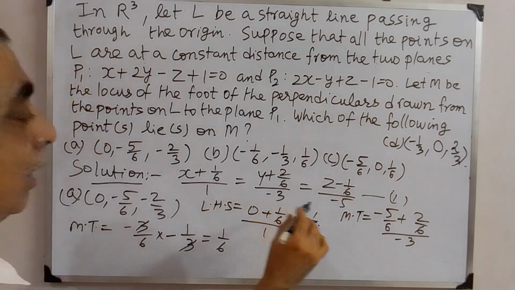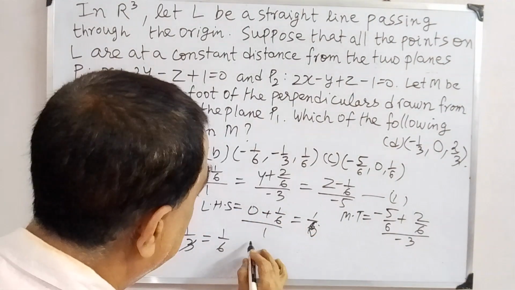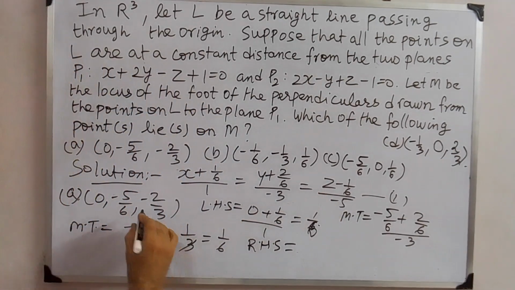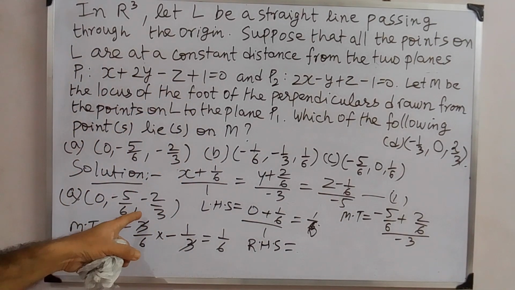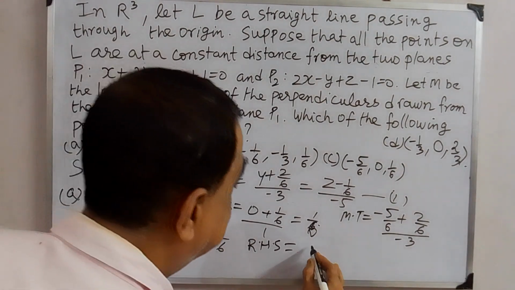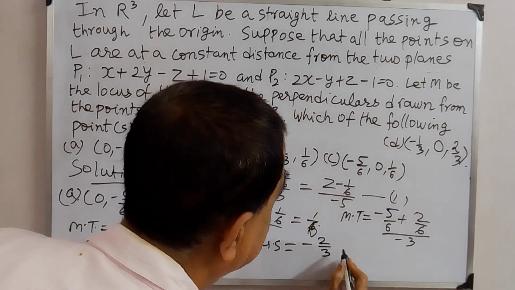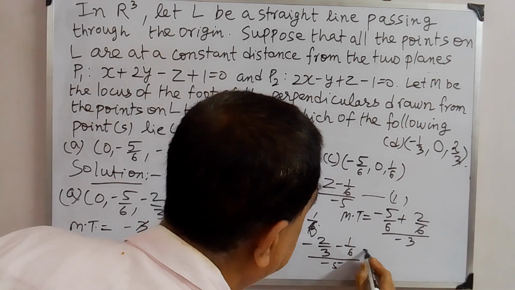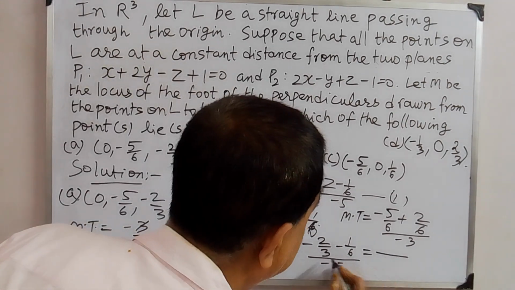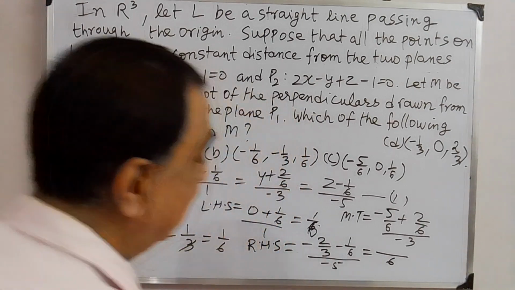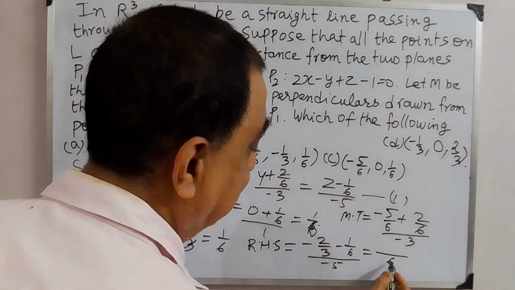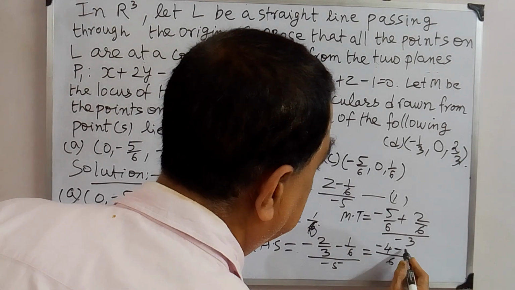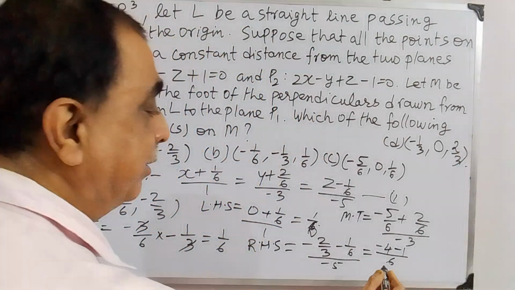And the RHS will be what? Here in the z value, I will put minus 2 by 3. So minus 2 by 3 minus 1 by 6, divided by minus 5. Now solve it. The LCM of 3 and 6 is 6. 3 goes 2 times, so minus 2 into 2 is minus 4, minus 1. Here 6 goes in 6 once.